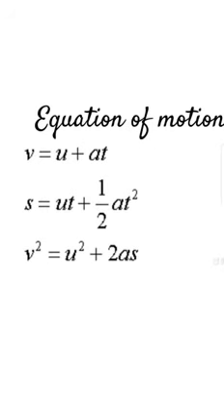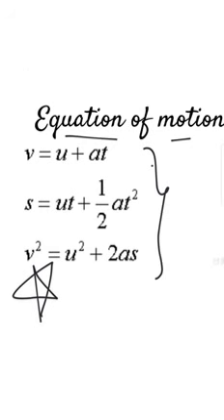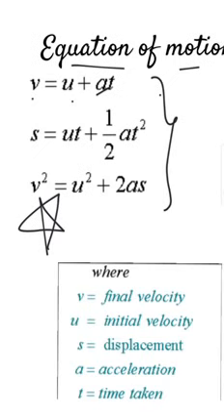Here we can see the equations of motion. These are the three important equations. They should be remembered by everyone. They are very important formulae. And we will understand what V, U, A, T, all the terms are.